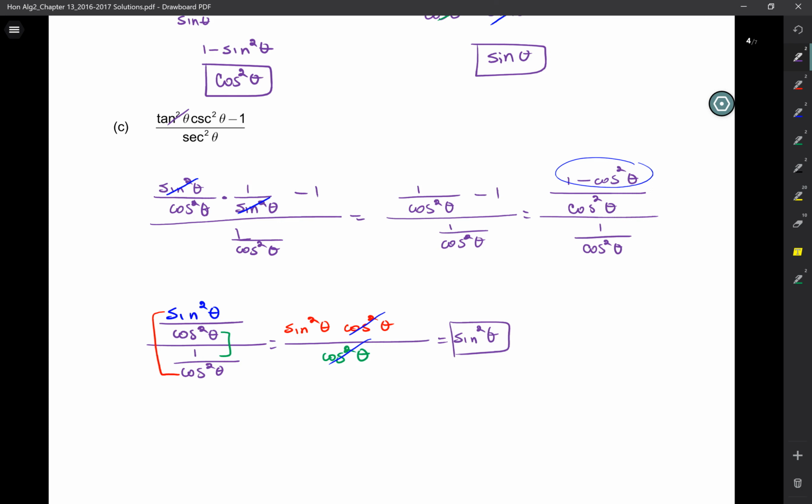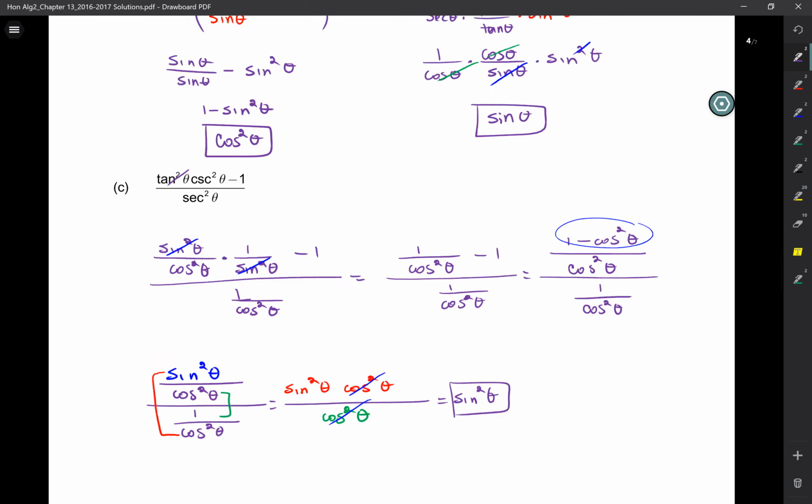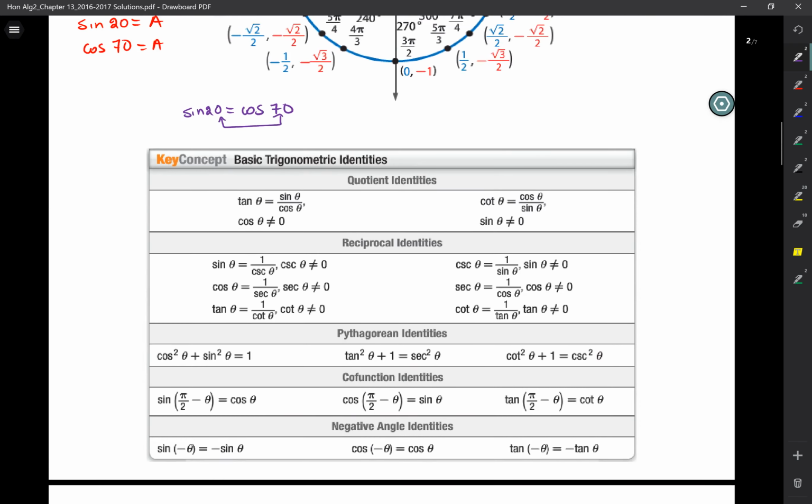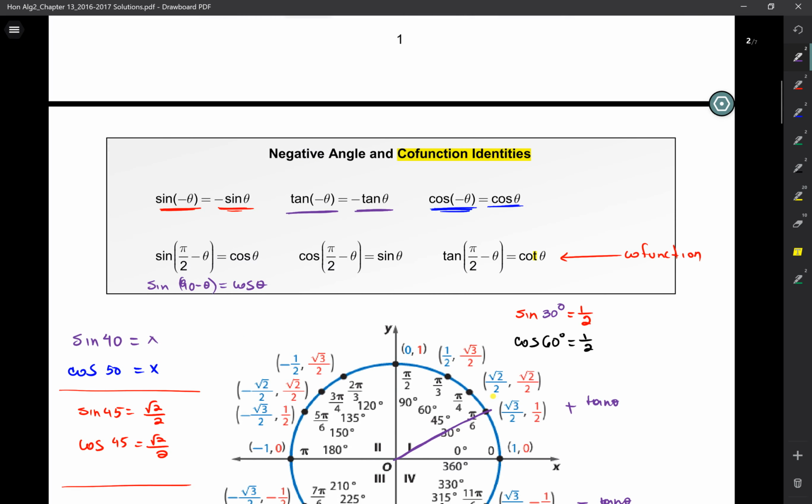Strategies. A major strategy is try to write everything in terms of sine and cosine. And at each step, ask yourself, okay, what identity goes here? What identity can I use here? 99% of the time, you're going to be using the Pythagorean identities and the reciprocal or the quotient identities.